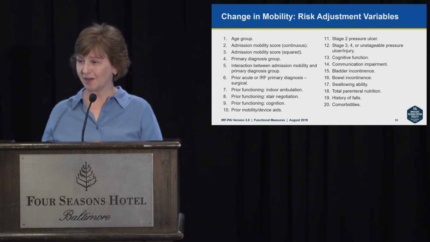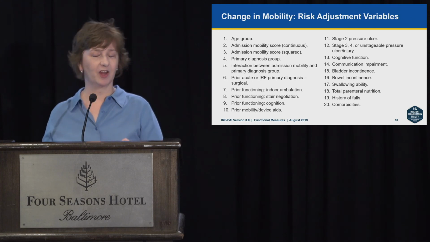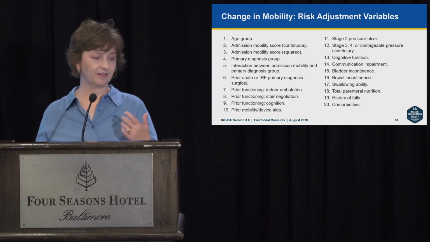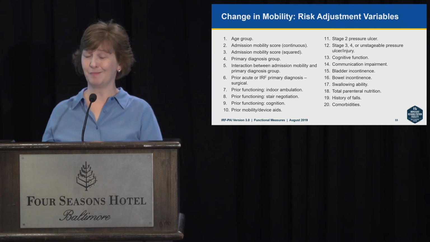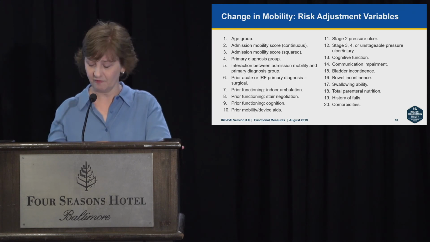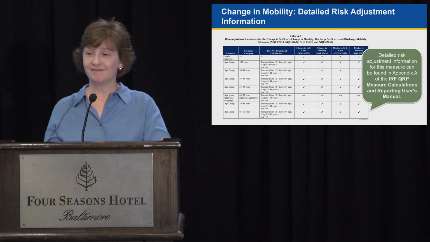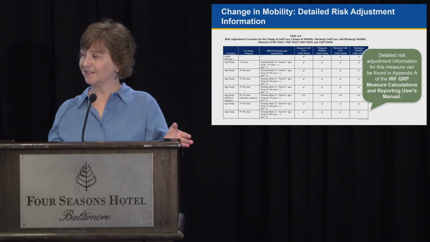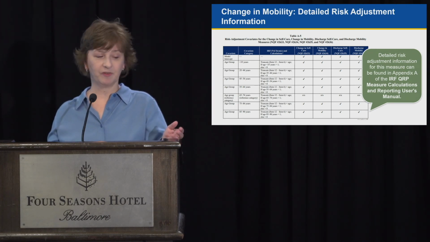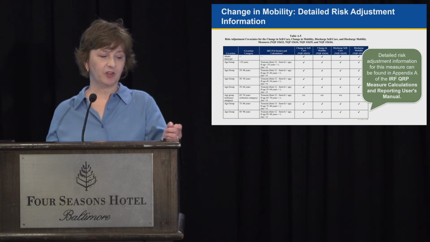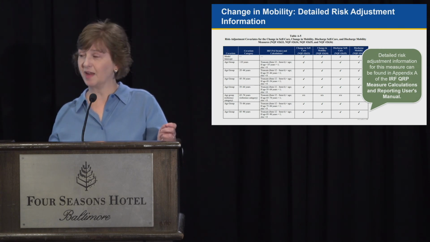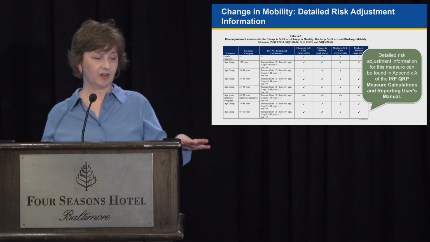So obviously primary diagnosis, whether you're looking at self-care or mobility, that makes a difference. Stage 2 pressure ulcers did make a difference also here for the mobility quality measure. Again, if you're interested in the details, this document that I mentioned before called the IRF QRP Measure Calculations and Reporting Users Manual, the details are in this table.